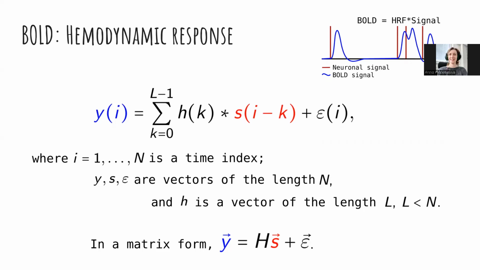Or we can rewrite it in a linear regression form where Y is measured, H is known and based on the hemodynamic response, epsilon is noise, and S is a neuronal activity that should be estimated. Estimation of S in this task is called the deconvolution. It is important to mention here that in many applications, people expect the vector of activations to be sparse.